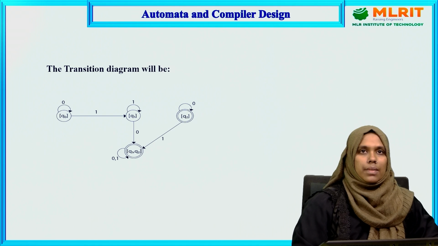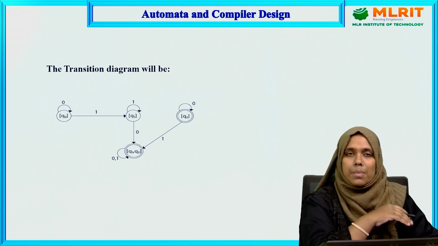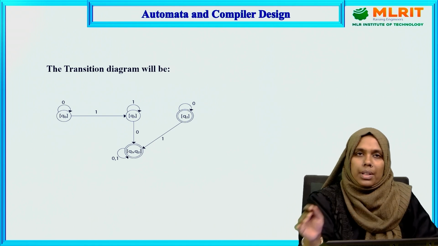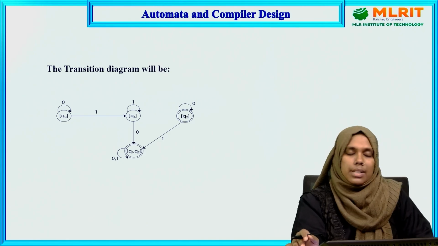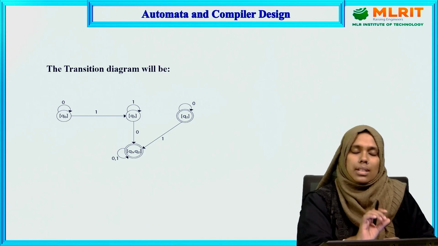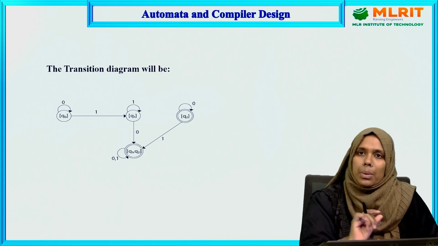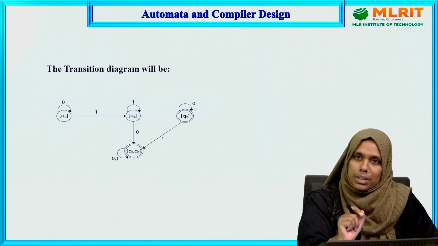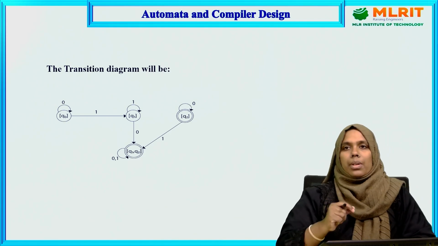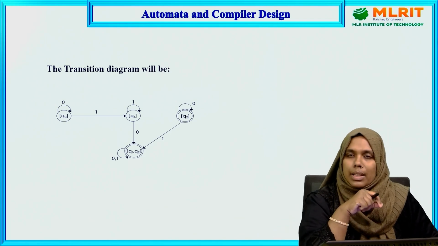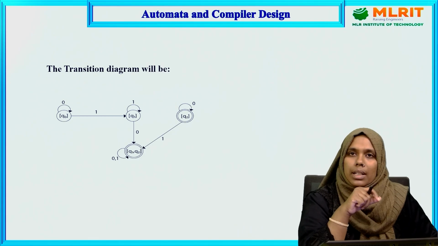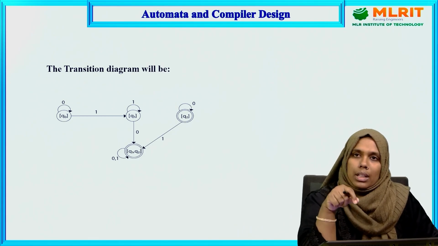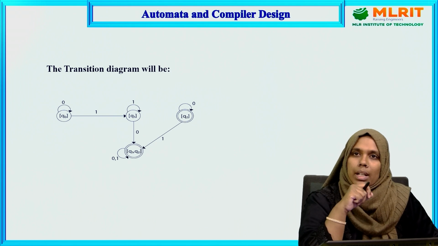So this is the thing which we have seen: the steps of how to convert from NFA to DFA. So there are 4 important steps which we can define. First, for the given question, for example, if they give it in the form of a language, first you have to draw the transition diagram, that is the NFA. Then for that NFA, you have to write the transition table, then go with the transition function and find the new state.